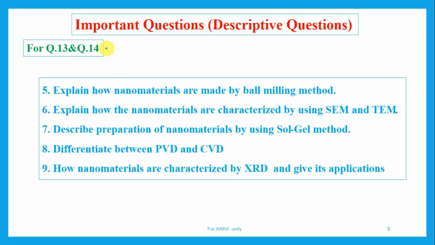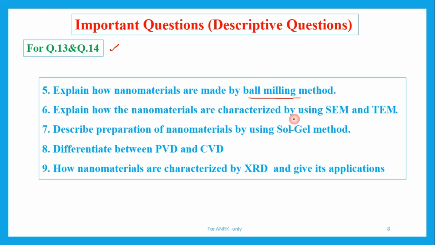Question numbers 13 and 14 are from the nanotechnology unit. Generally they will ask about the fabrication of nanomaterials by any method, whether ball milling, sol-gel, CVD, or PVD. In one of them they will ask.